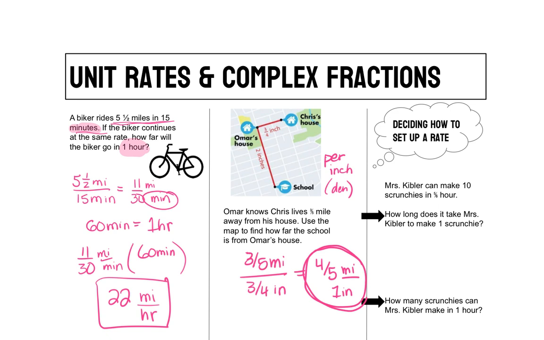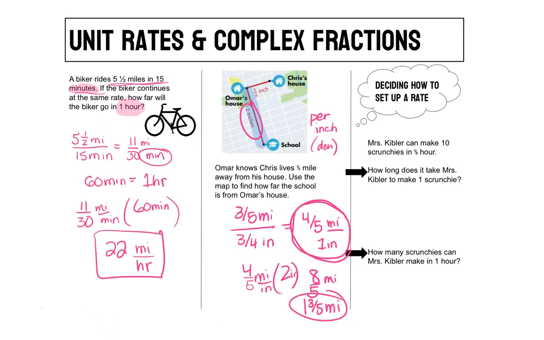Now we are looking, I'll highlight this, we want to know how far this is. So this right here is 2 inches. We know that 1 inch is 4/5 of a mile. So if we multiply this by 2, we're going to get 2 inches here. We're going to get 8/5, you can do this in your calculator too, miles, or 1 3/5. 1 3/5 miles right there.